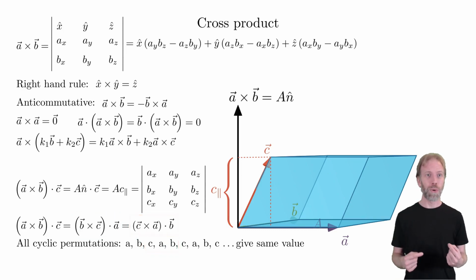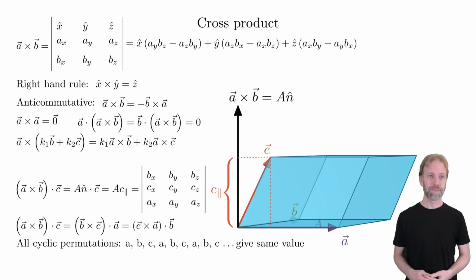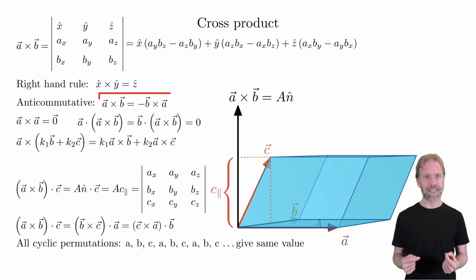The determinant also stays the same if you do cyclic permutations in any direction. Be aware that the cross product is anti-commutative, so if you change the order of the cross product, you will get the negative volume instead.